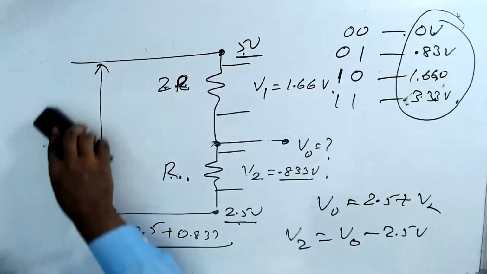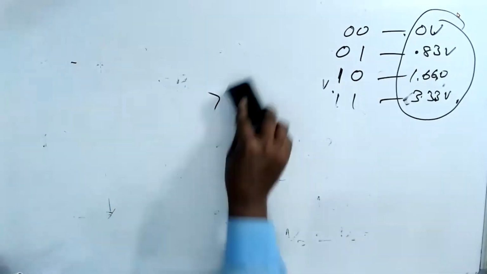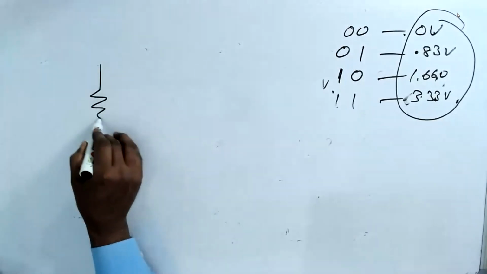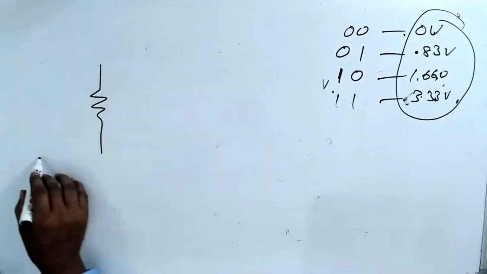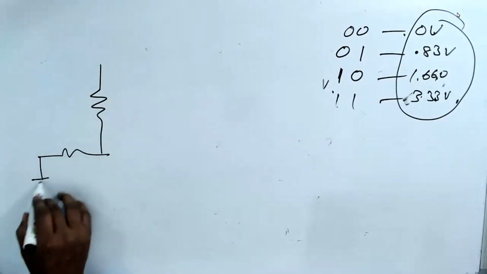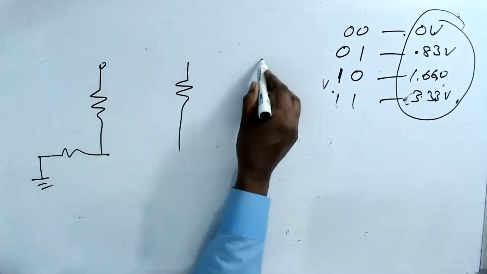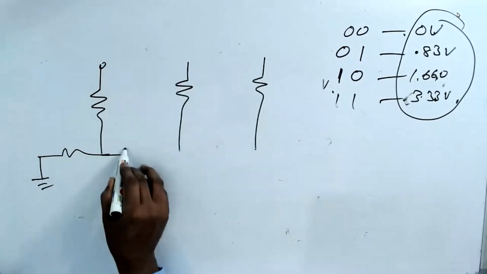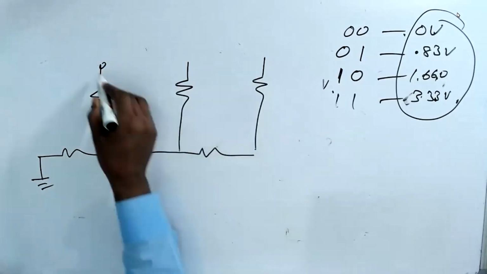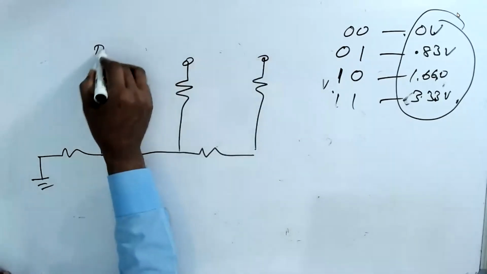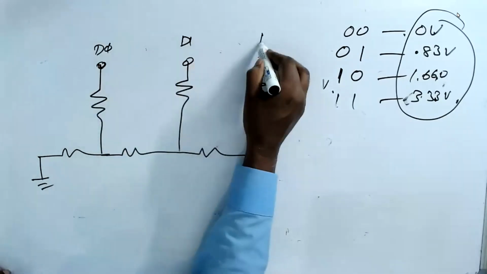Now the same thing they will do. What they will do here is, I connect, now I added one more. Now I get 3 levels, D0, D1, D2.